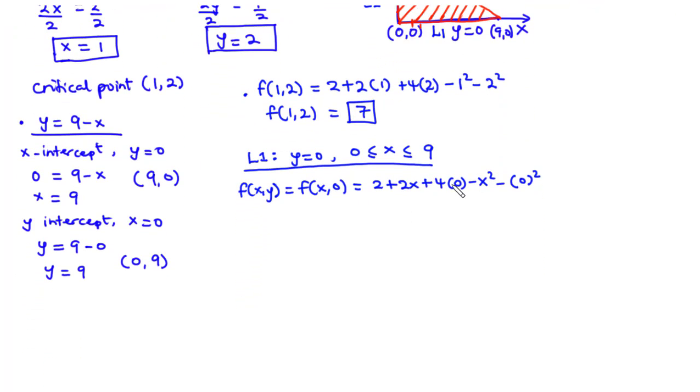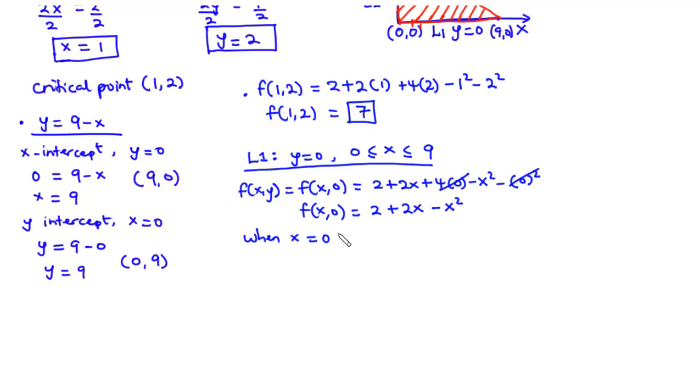So 4 times 0 is 0, and negative 0 squared also is 0. Therefore we have f(x, 0) equal to 2 plus 2x minus x squared.